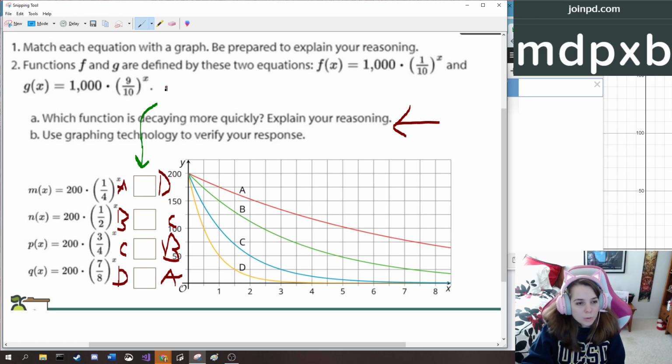The closer a fraction is to 0, the faster it's going to decay. The closer it is to 1, the closer it's going to be to a straight line, so the slower it's going to decay because the amount that's remaining is close to 1.